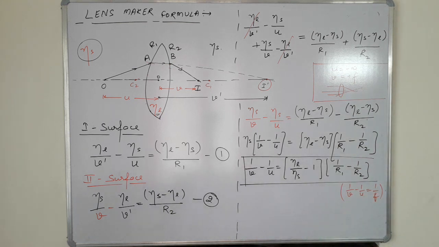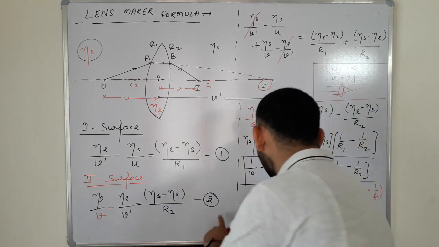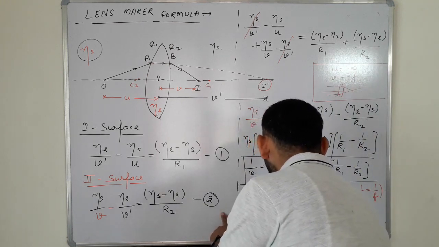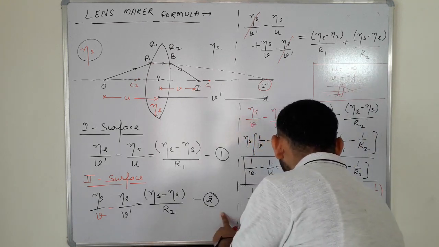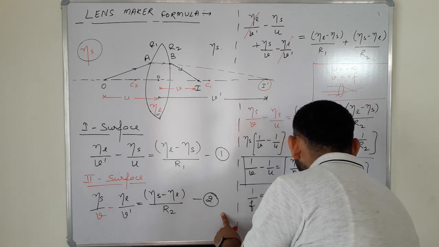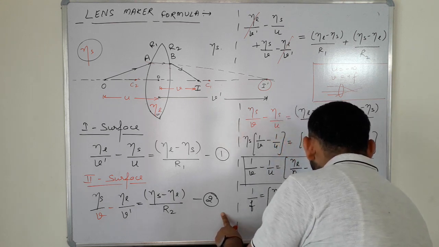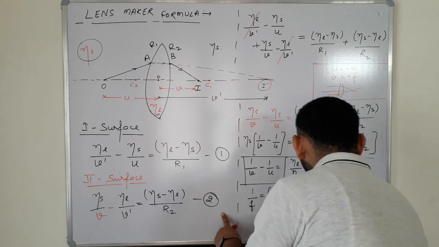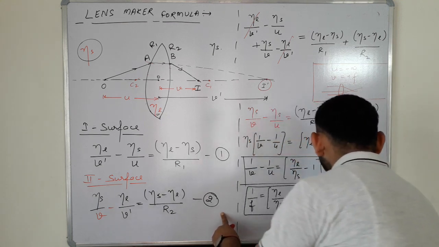Or we can write it like this also, thin lens formula, 1 by V minus 1 by U equals 1 by F. So we will put 1 by F is equal to neta L upon neta S minus 1, times 1 by R1 minus 1 by R2. This will be the final expression.